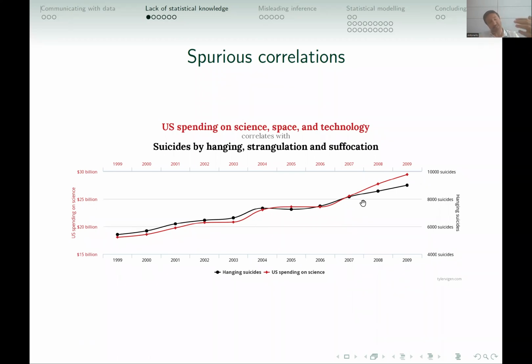I mean, it's rather clear that they are strongly correlated. But these two time series refer to US spending on science and suicides. Of course, they are not related, even though their behavior is pretty much the same. If we compute the linear correlation coefficient between these two time series, it's very likely going to be very close to 1. But of course, they are not related.